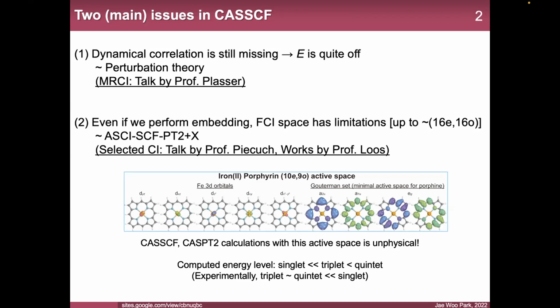All the 3d orbitals are included, and 4 orbitals on the porphyrin ring are also included. One might think that a CAS-PT2 calculation will recover all the dynamical correlation, hopefully, and the calculation would be right, but the results show that it's not.